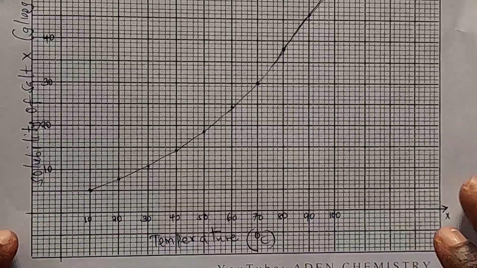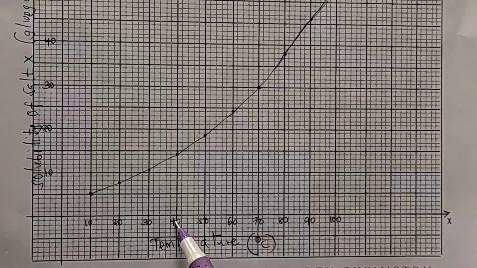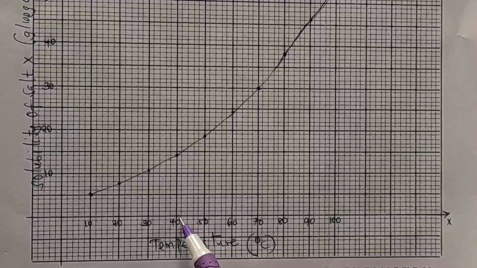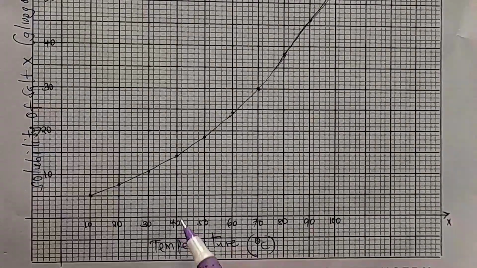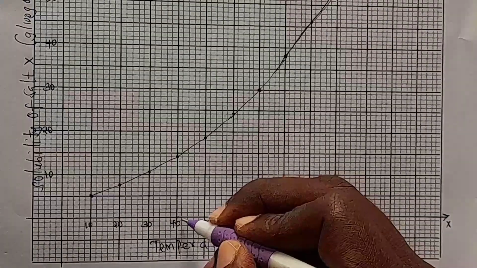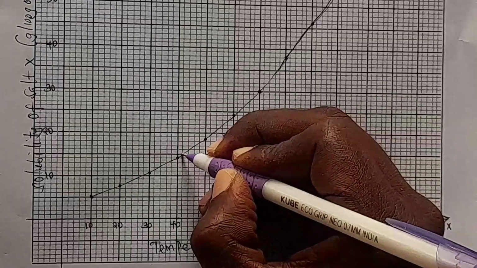Where is 44 degrees Celsius? Check, between 40 and 50 we have 5 small boxes. That means each small box is 2 degrees Celsius. So if I have 40 here, I check only one more box, and then I will be reaching here.